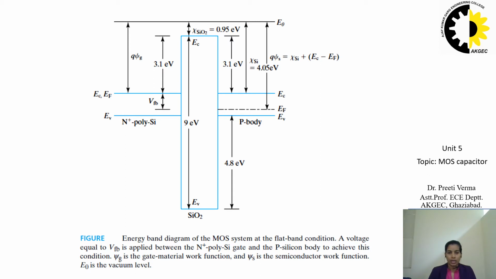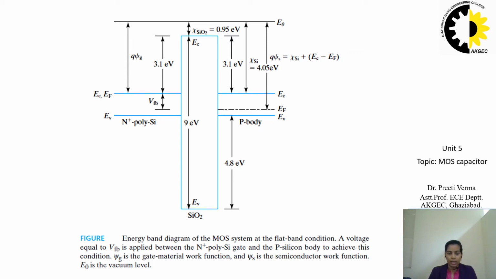Ec, the conduction band energy in the polysilicon gate, is also lower than the conduction band energy of SiO2 by 3.1 electron volts, the Si-SiO2 energy barrier.